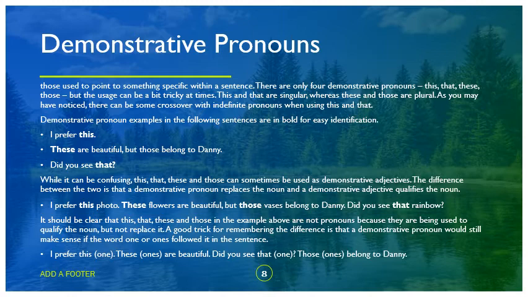Now let's form two pairings. This and that, and with this we have these and those.